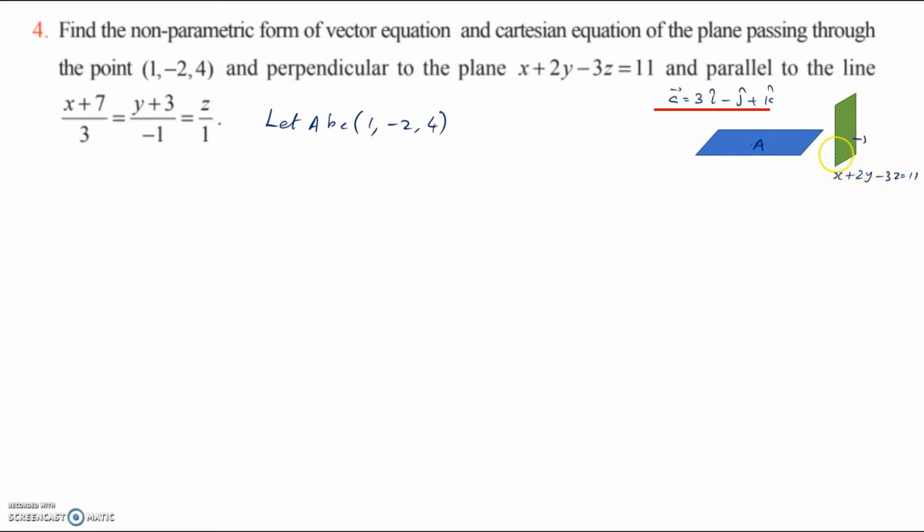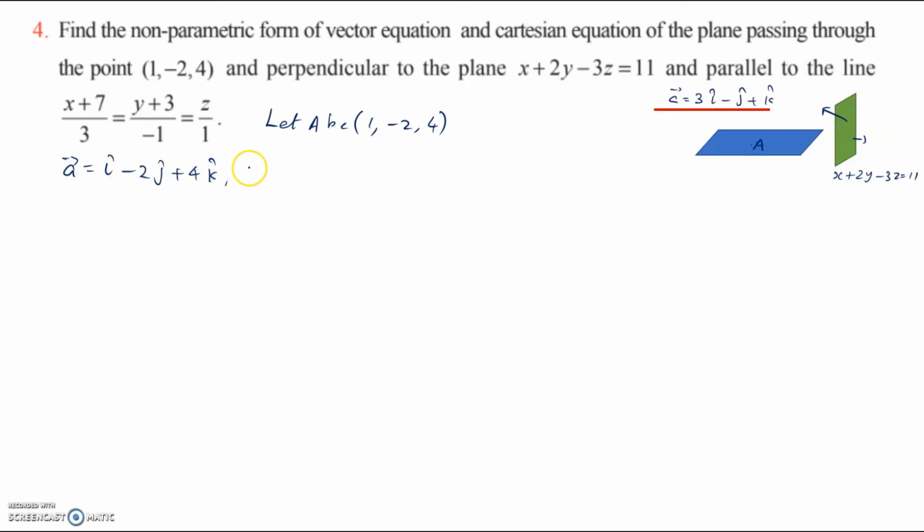Now, since the plane is perpendicular to this plane, the normal to this can be defined as L, M, N, which are the coefficients of x, y, and z. So we can define that as our vector B. Vector A is our position vector for point A. So that is equal to i cap minus 2j cap plus 4k cap.